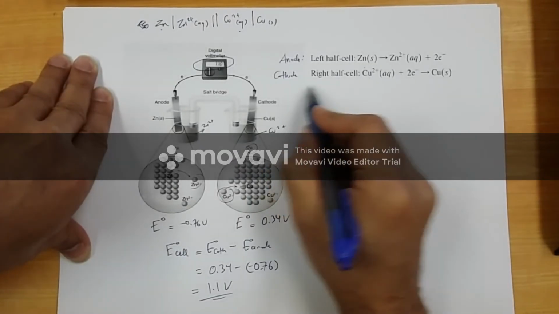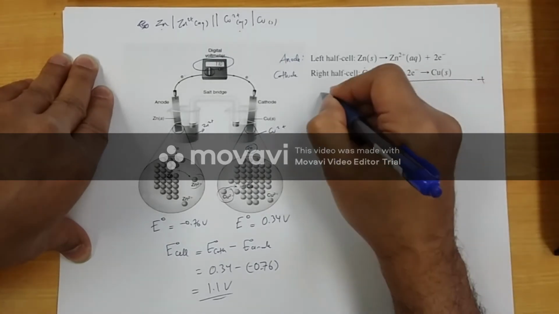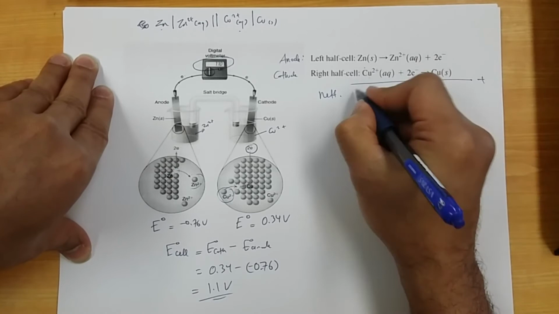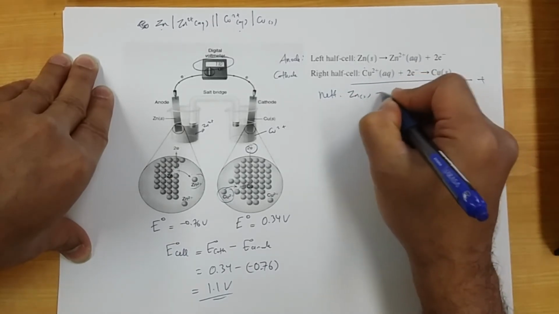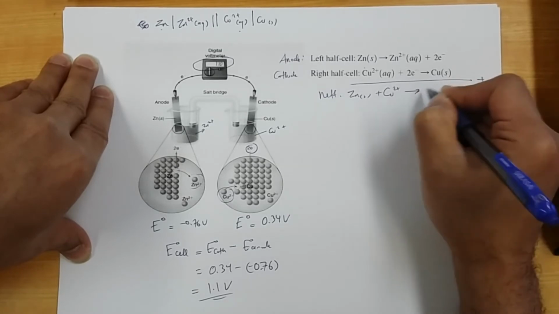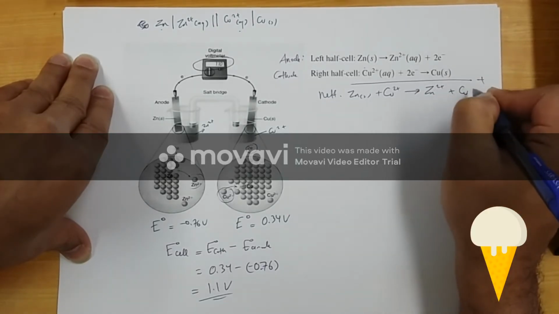If you go back to the half cell reactions, the net reaction would be zinc solid plus copper 2 plus going to zinc 2 plus plus copper solid.